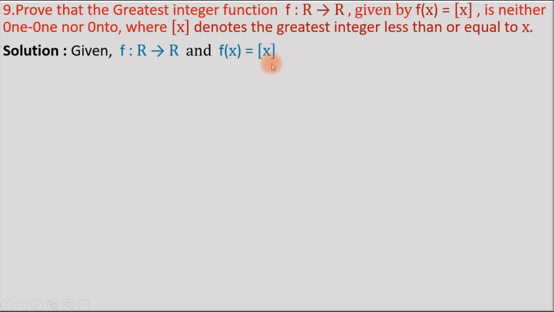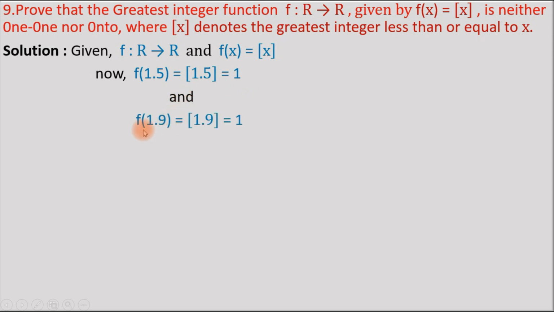According to the greatest integer function, if the number x is not an integer, we should take the greatest integer less than that number. So if we take x equal to 1.5, 1.5 is not an integer, so the greatest integer less than 1.5 is 1.